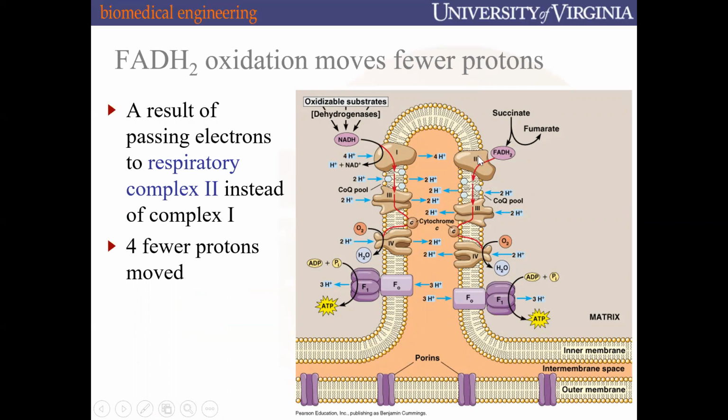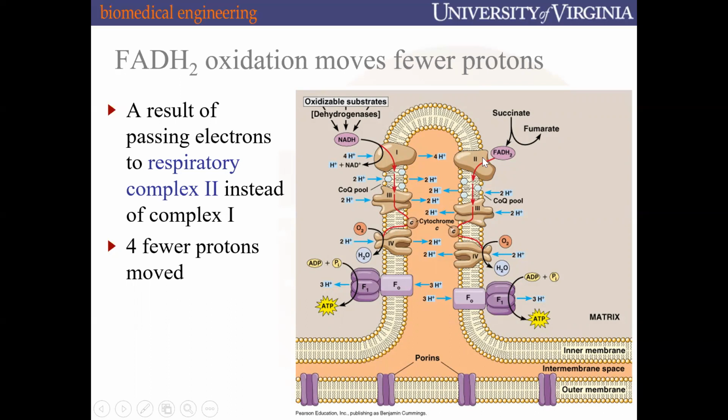And the reason that we didn't talk about it as much in the previous slide is because it doesn't facilitate the movement of protons. So, big emphasis again, it doesn't facilitate the movement of protons. But rather, it still facilitates the movement of electrons, as you can see depicted in red arrows, complex 3 and complex 4.